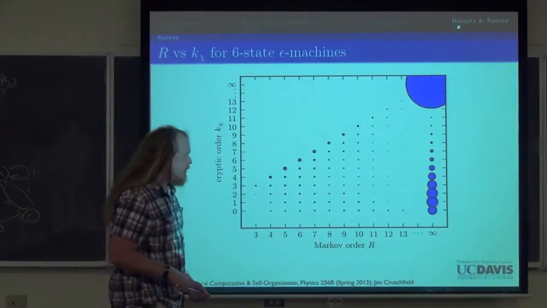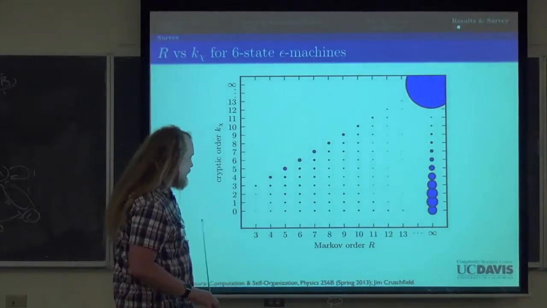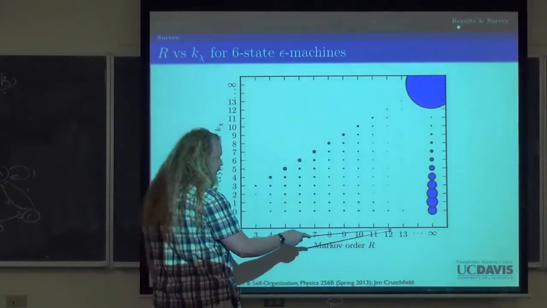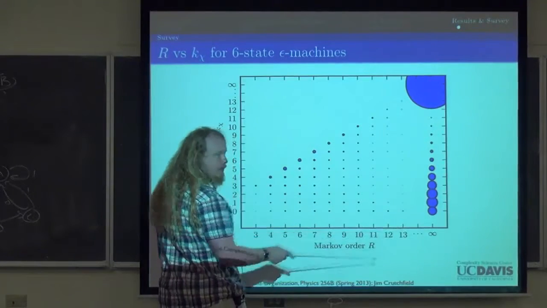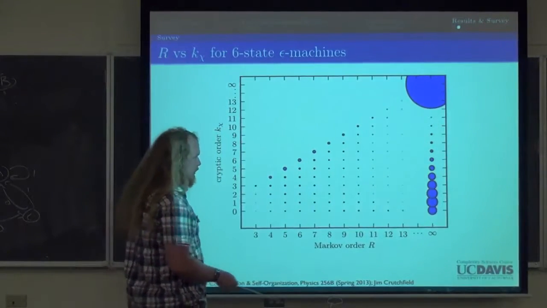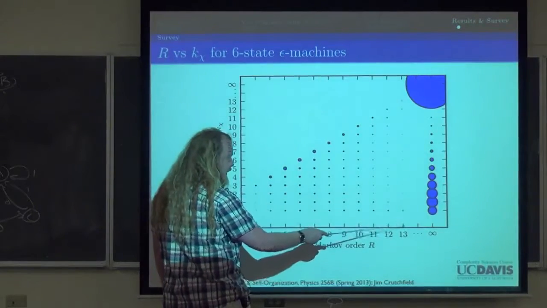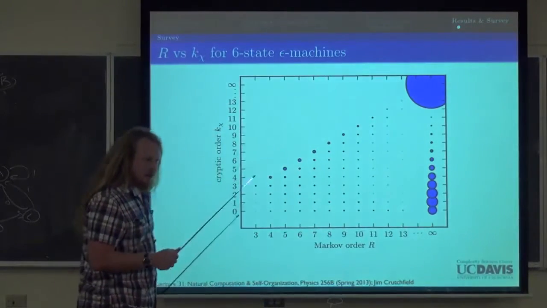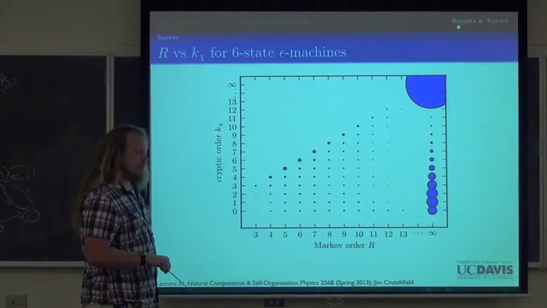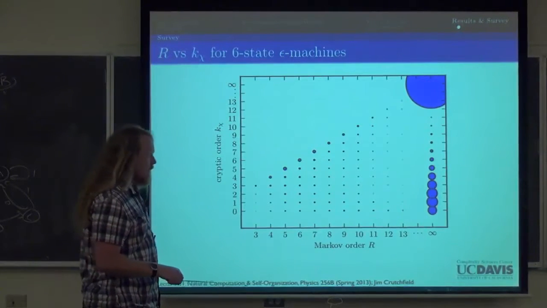Second, the thing I find probably most interesting, or two related things, is first off, there is a largest finite Markov order of 13 for 6-state machines. And that means, because of what Greg pointed out earlier, and it's relatively easy to show, the cryptic order is less than or equal to the Markov order.